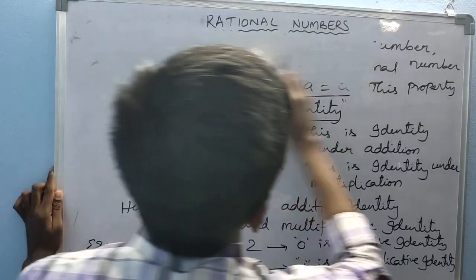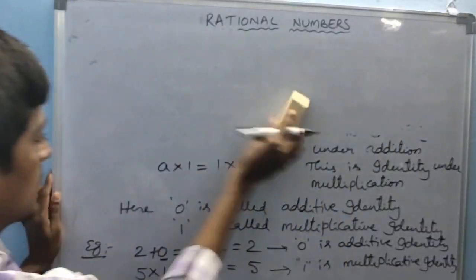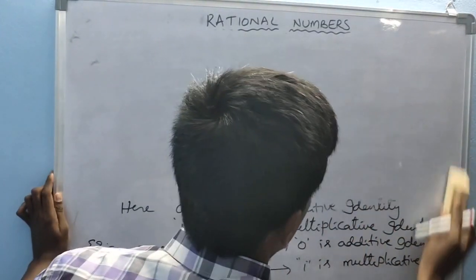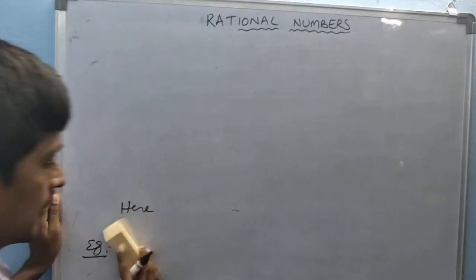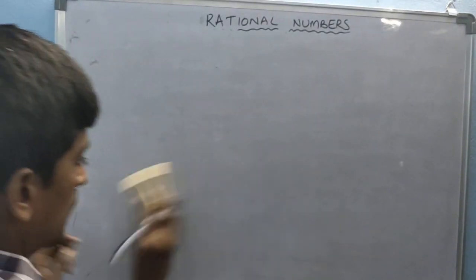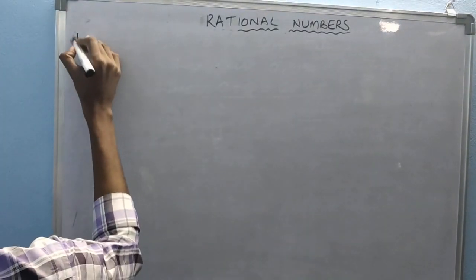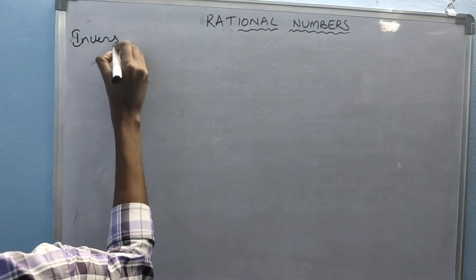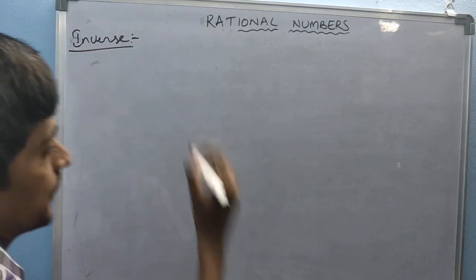And the next one is inverse. Inverse property.